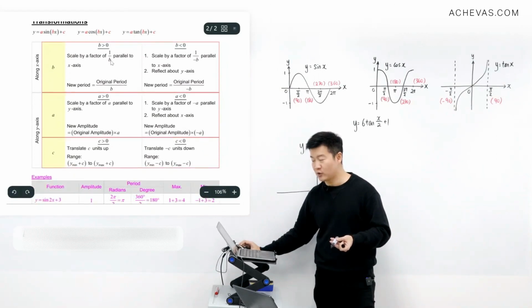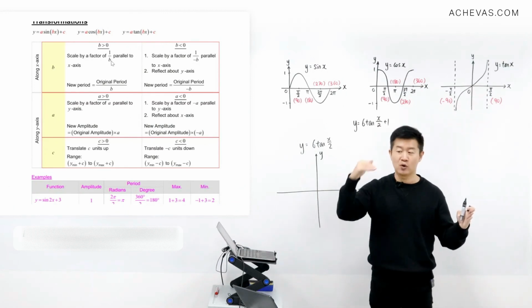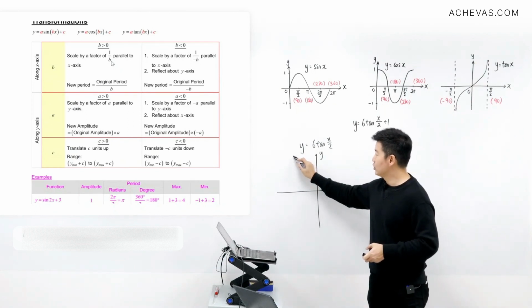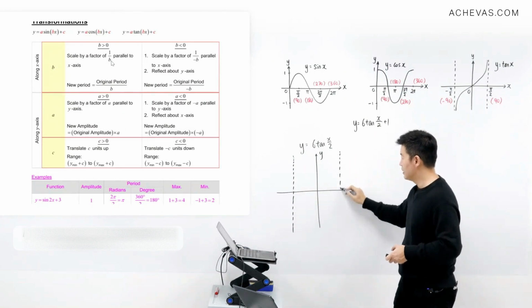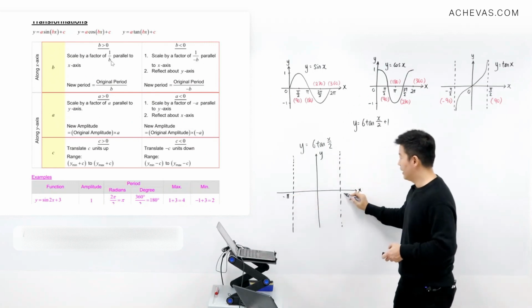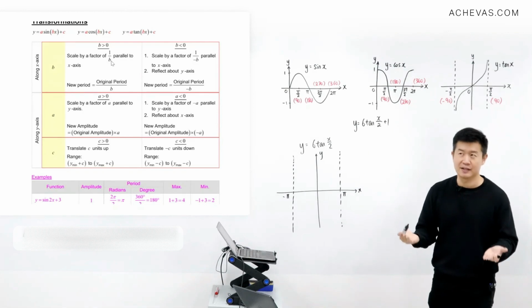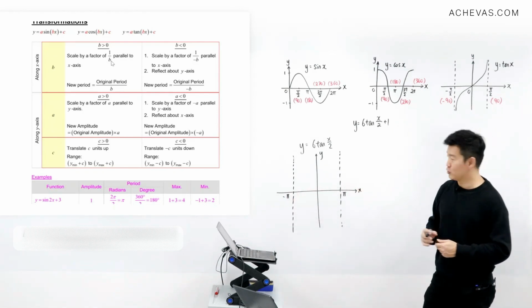So it is actually going to be expanded by 2 times, parallel to the x-axis. So the 2 vertical asymptotes will now be at minus pi and pi. And the period, like what we have discussed, is going to be 2 pi. So from minus pi to pi, the period is 2 pi.